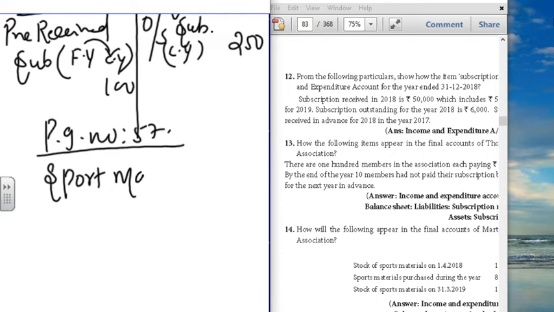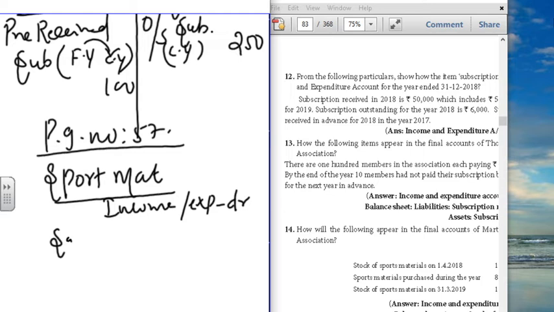Sports material will always appear in the income and expenditure account under the debit side, which means it is an expenditure account. And the sale of sports material will appear on the credit side of the income and expenditure account.